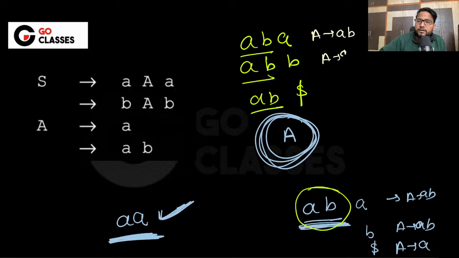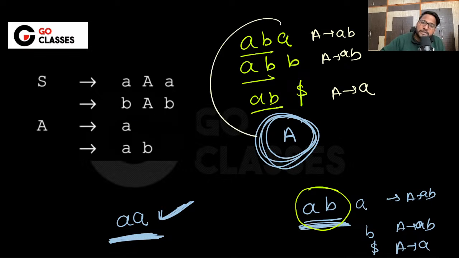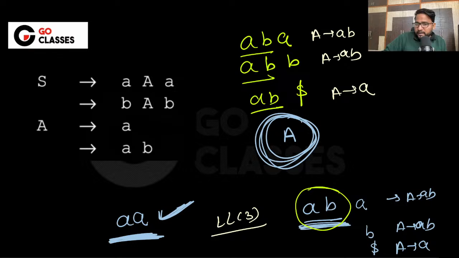If AB dollar is there, if just after that it is dollar, then you're talking about this, which is basically A only. So basically three symbols are required. That's why it is LL3. It was a little unconventional, but a nice question.